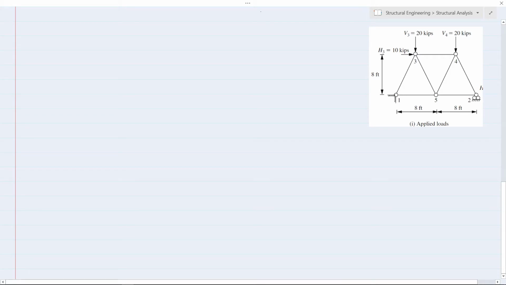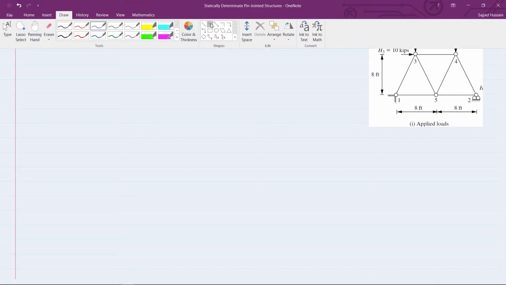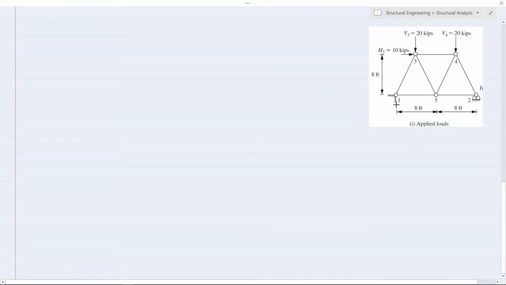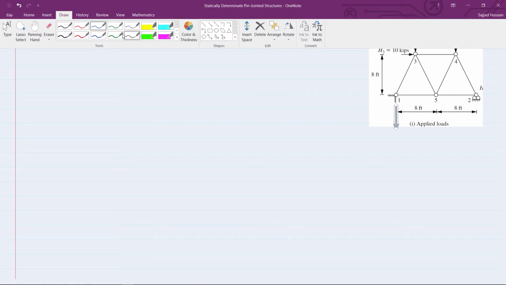Node number 1 is a hinge support, so there will be two reactions. Node number 2 will have only one reaction. So let us assign reactions over here. No, it should be the other way around.